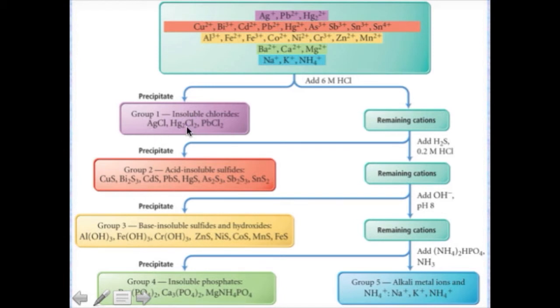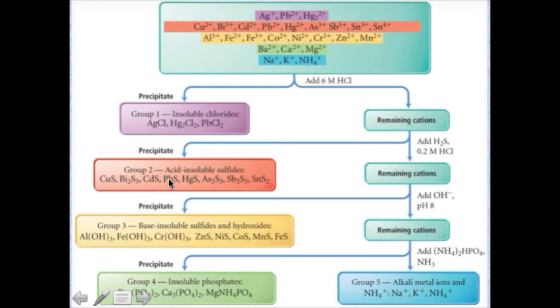Silver, mercury +1, and lead ions are all insoluble with chloride. So if you add 6 molar hydrochloric acid to your initial solution, only the group 1 cations precipitate out as their chlorides. And you spin it and separate them out. Now your solution has the remaining cations.